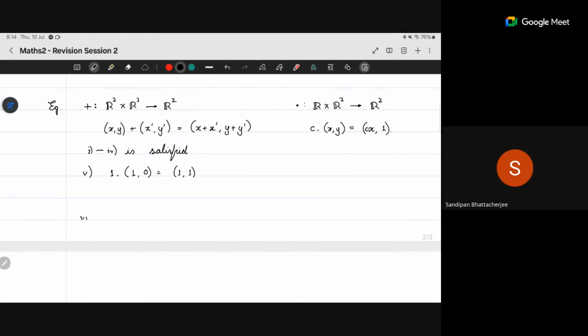So let's take up 7. What is the thing that I have to verify? C times (V1 plus V2), is it equal to CV1 plus CV2? Let me take something like this. This is the left-hand side of the equation. It would be 1 times (1, 1), which by definition is just (1, 1).